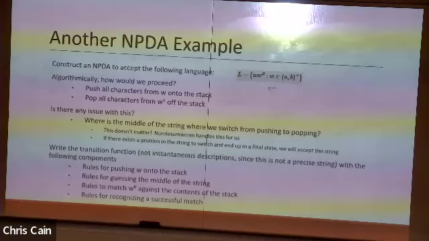So we will need some set of rules for pushing the string onto the stack. We will need some rule for guessing where the middle of the string is going to be. And we need to be able to match against the reverse. And then we need to be able to recognize when we have completed the process. So if we're at the end of the string, we need some way to accept if it is a palindrome and to reject if it is not a palindrome.